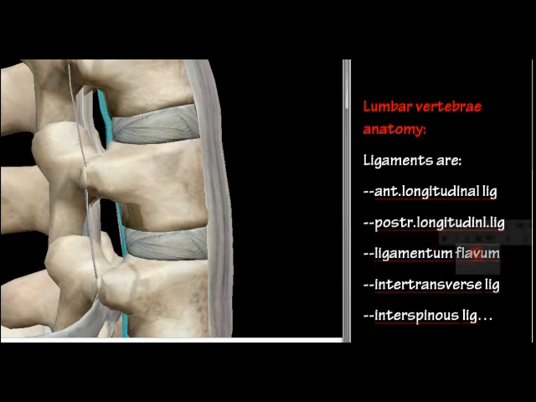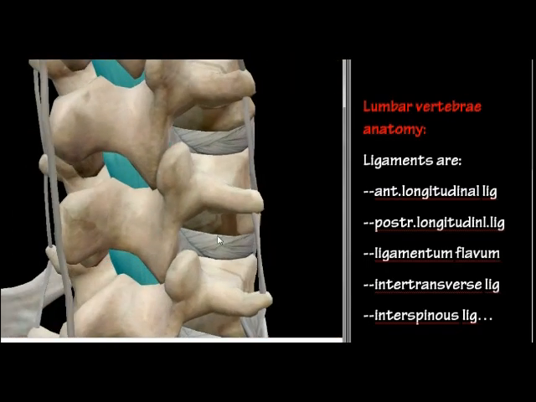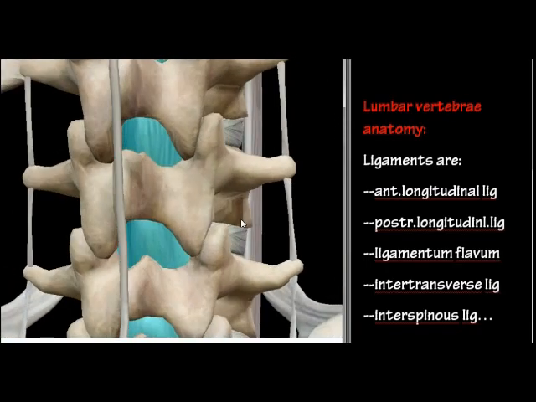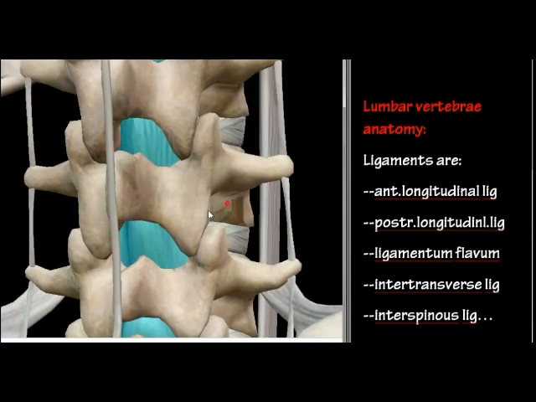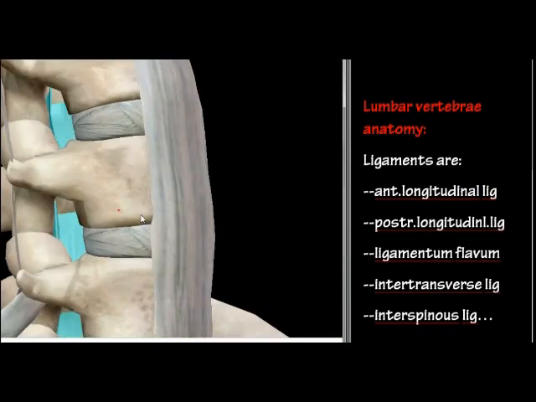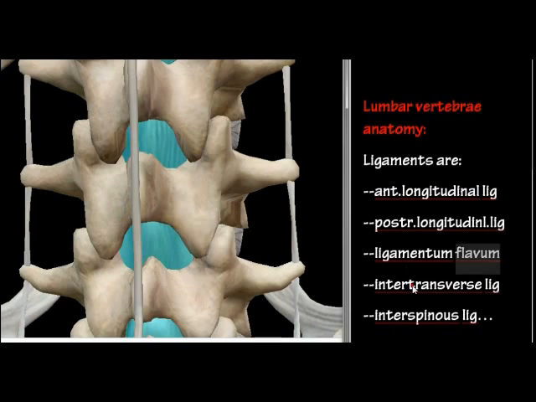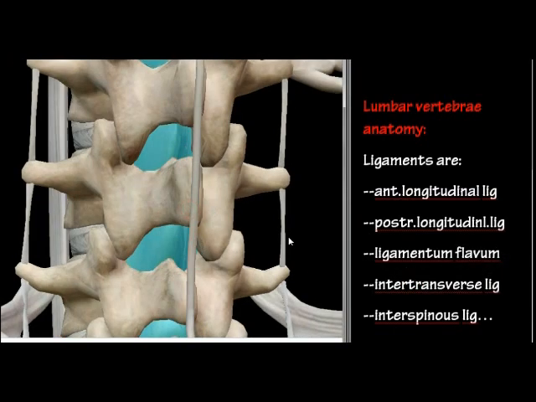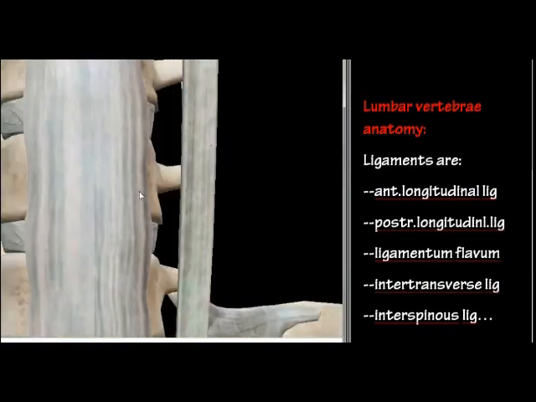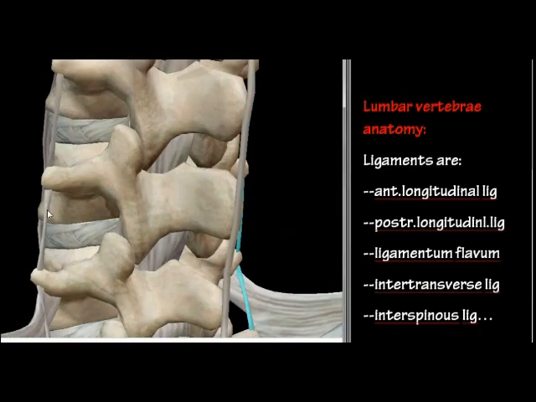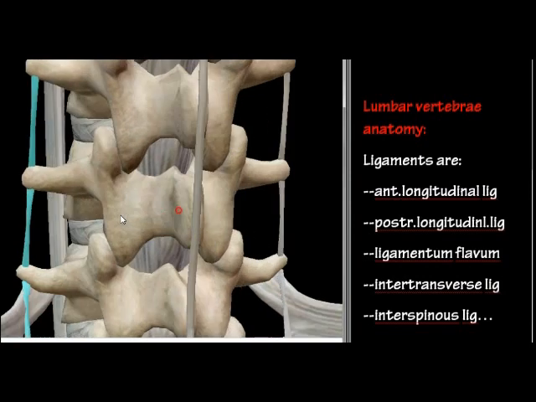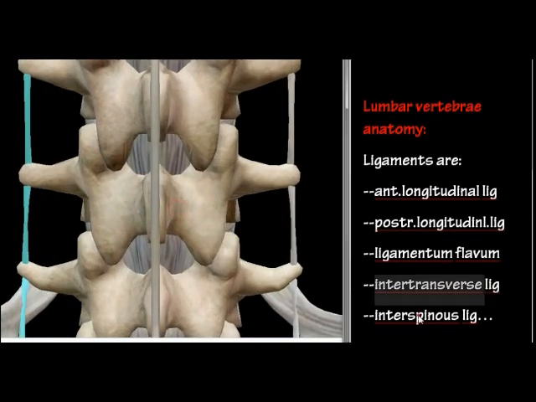It connects under the facet joints to create a small curtain over the posterior openings between the vertebrae. Intertransverse ligament, which is present between the transverse process of two vertebrae. Interspinous ligament. It is present between the two spinous process of the vertebrae.